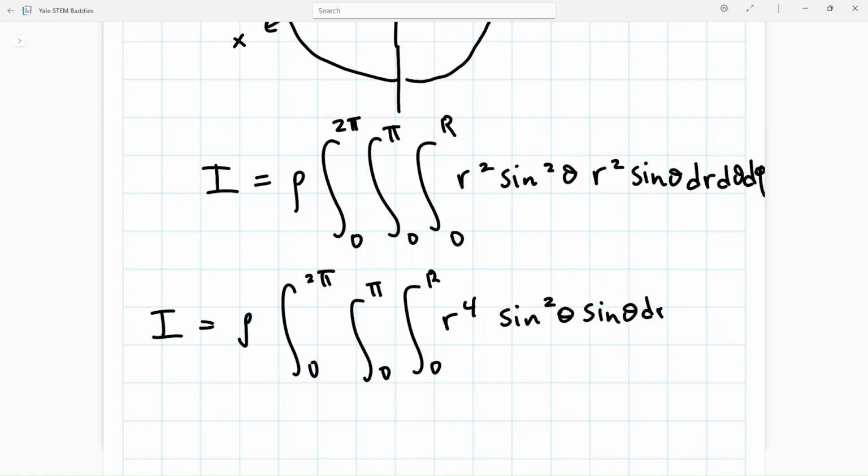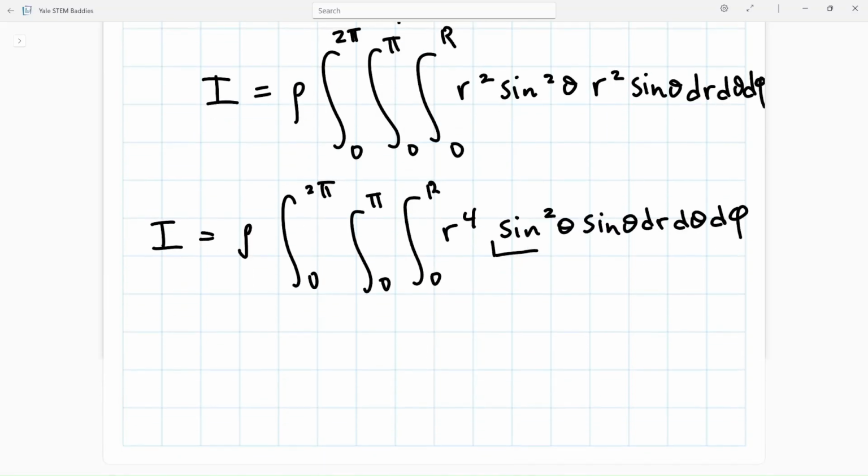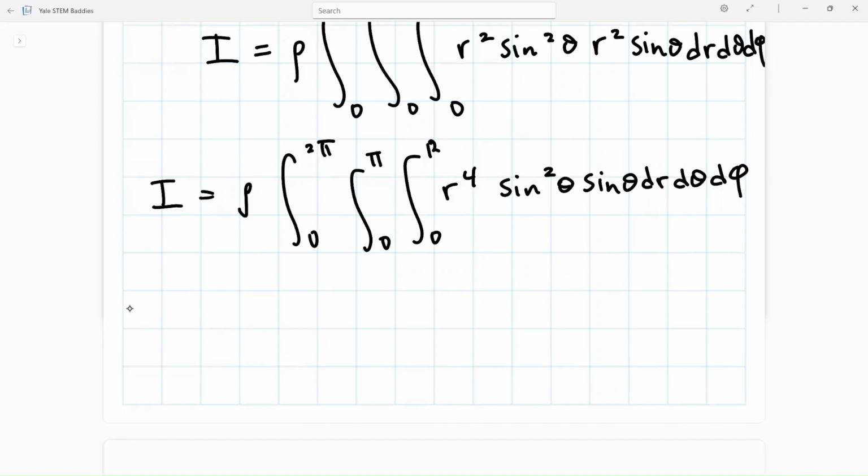We could absolutely combine those sines to be sine cubed of theta, but I just want to leave it like that for now, and you'll see why later. But now you'll notice that we have these independent functions in this integral. These are just functions of r and functions of theta stuck together with multiplication. So we can actually break up this integral into three separate 1D integrals.